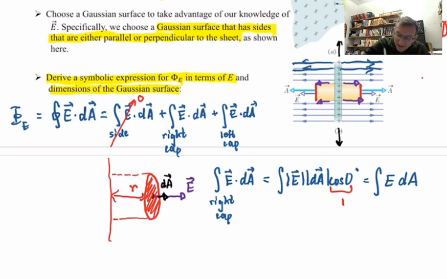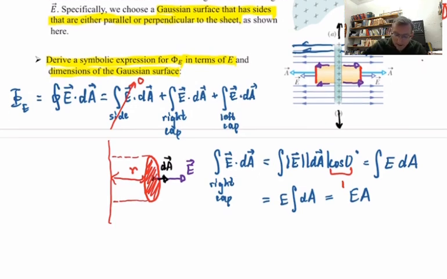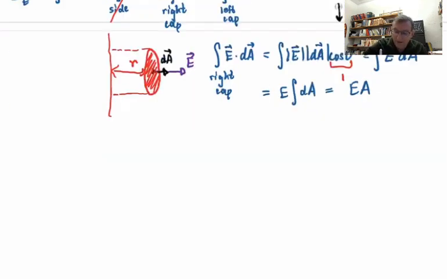And that means, for the integral, I get to bring it out front. So add up all the little dAs on that right cap, and you just get the total area of it, right? And that's just called A in our picture. So that's the symbolic expression for the flux through the right cap of the Gaussian surface. Now, what do you think you get for the flux through the left cap? Let me draw that part.